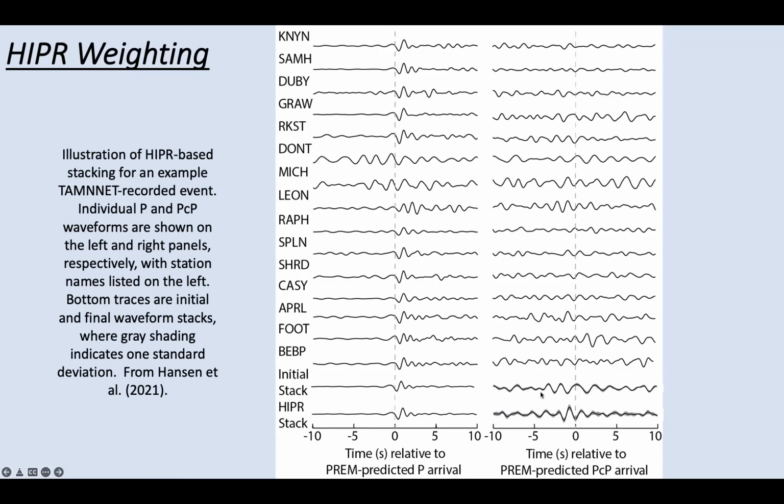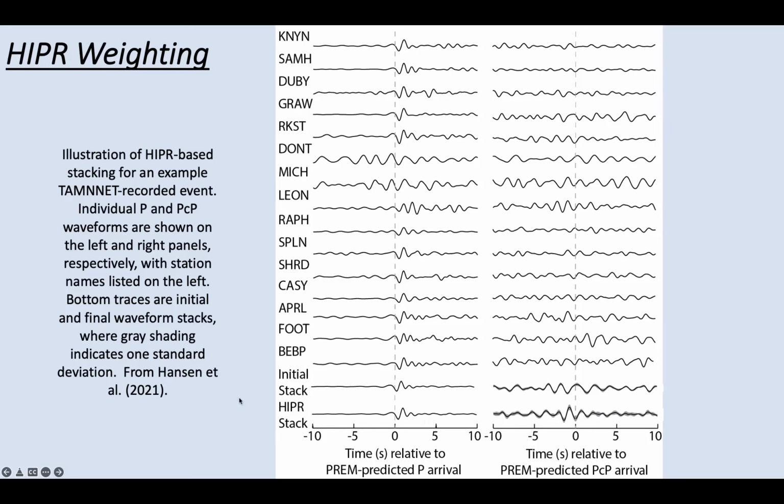The second to the last trace, the one that says initial stack, is the stack that we obtained before HIPR, before the weights were employed, using a more quasi-traditional stacking approach. And then the very last trace is the HIPR weighted stack, again for both P and PCP, where the shading indicates one standard deviation.